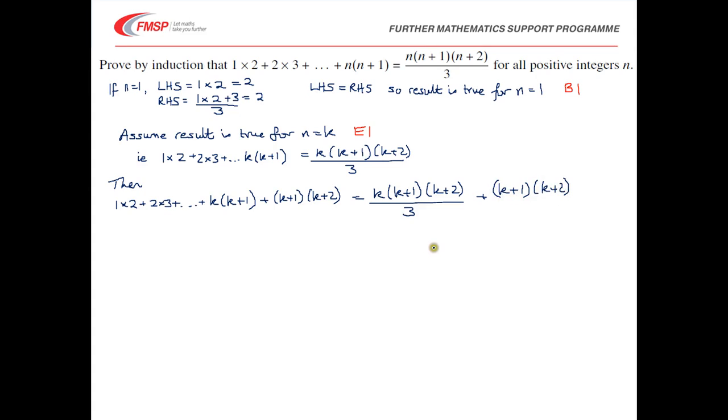Okay, the next step is to try and make this look like the form that I'm aiming for up at the top there. And it's sometimes worth just putting a note to this side saying what you're aiming for. Don't put this as part of your proof because it's the last line, but just as a little note to yourself, I want k plus 1 in there, so that'll be (k plus 1)(k plus 2)(k plus 3), all over 3.